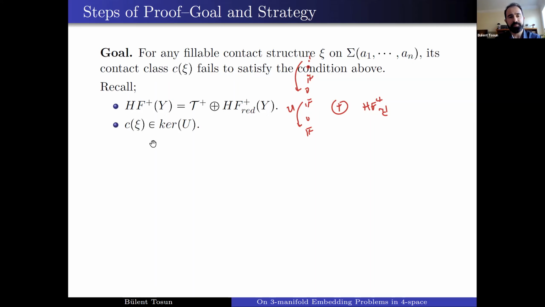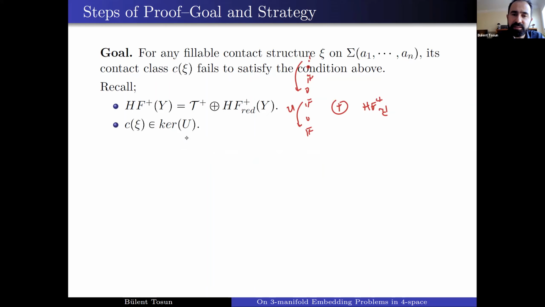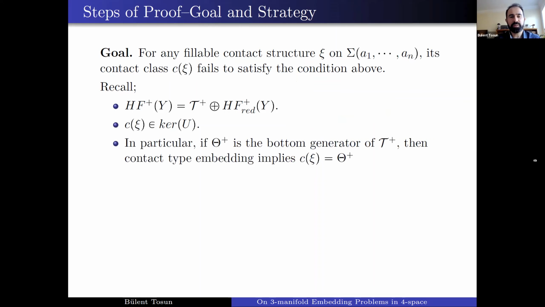Moreover, the generator for this bottom group is the so-called theta plus. If you have a contact type embedding, putting these results together, the contact class has to be that generator.